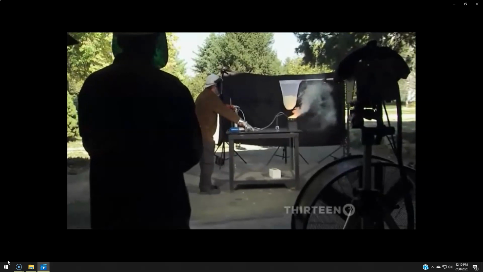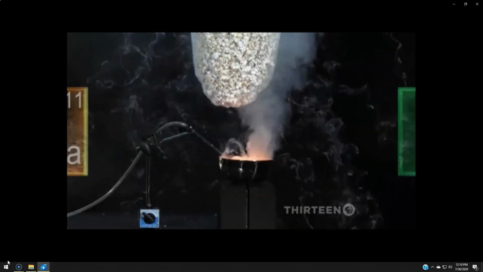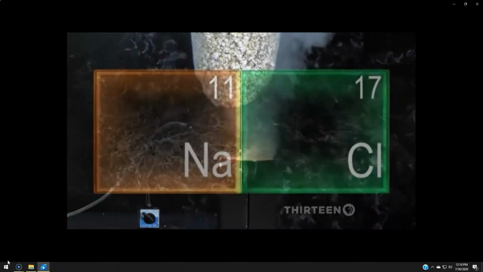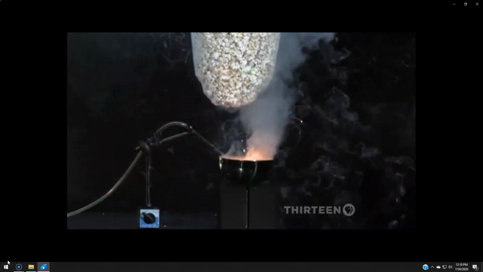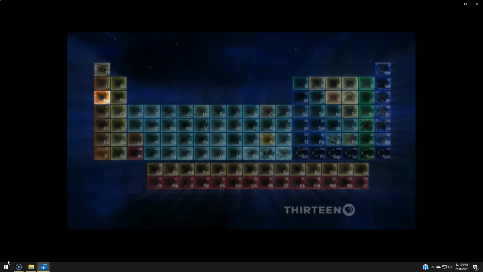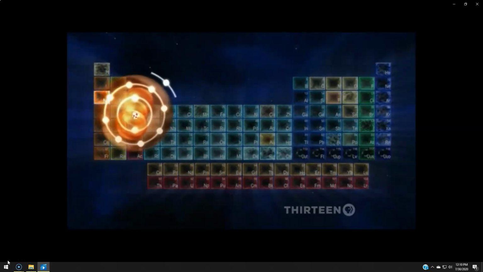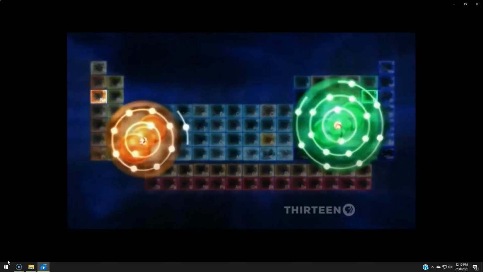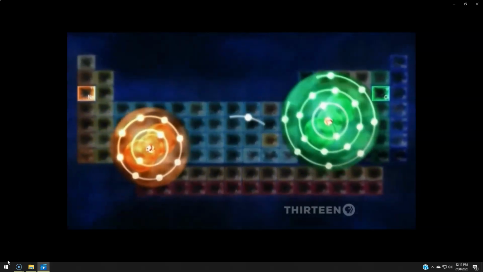Surprisingly, no explosion. Somehow, when these two bad boys of the periodic table come together, they calm down. At the atomic level, sodium, an alkali metal, had an electron it didn't want, and chlorine, a halogen, wants desperately to grab an electron.